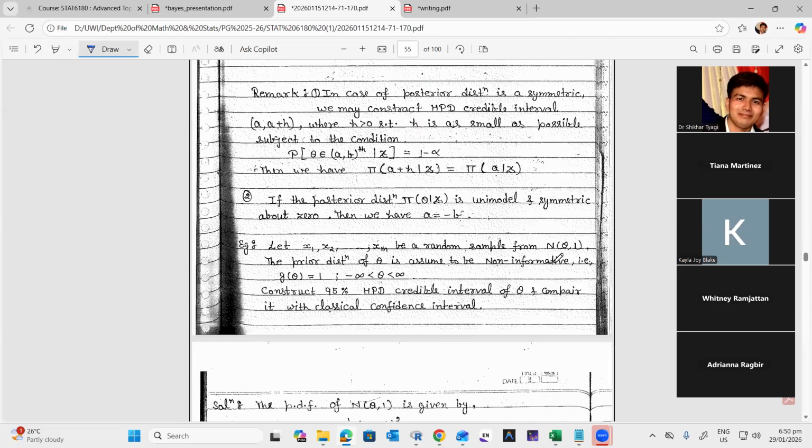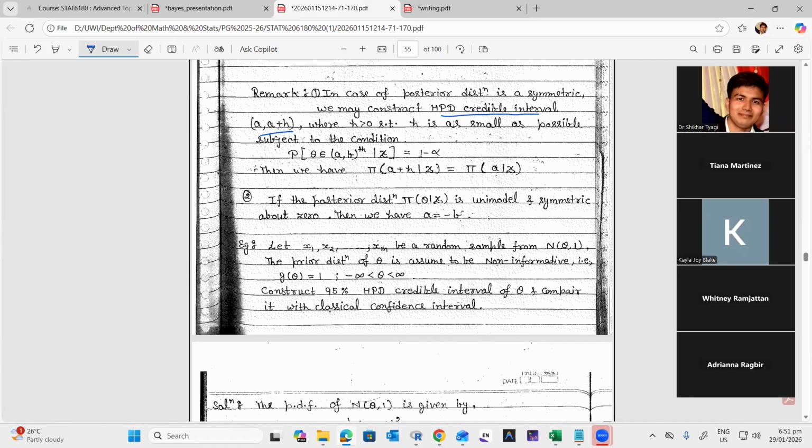Now there are two points that you should know. In the case where the posterior density function is symmetric, we may construct the HPD credible interval (a, a plus h), where h is greater than 0 and as small as possible, subject to the condition.